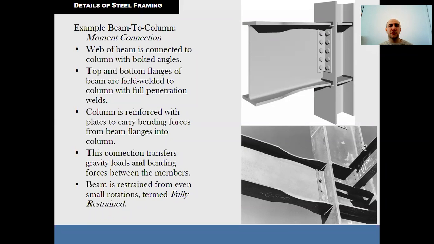Other types of moment resisting connections include the splices in columns and beams, apex connections in portal frames, and the column bases.